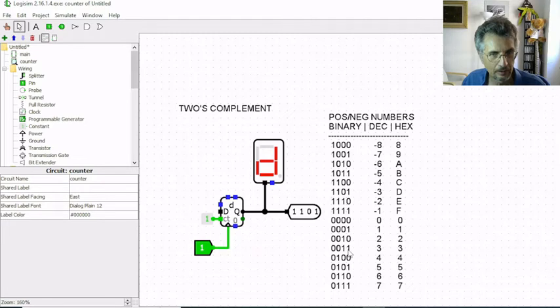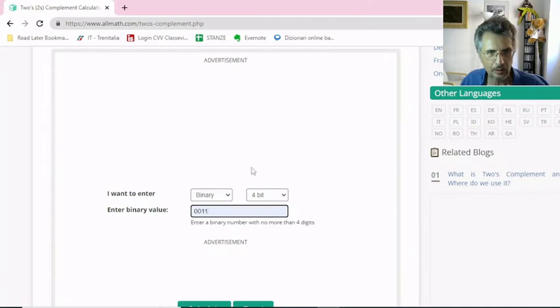How can we calculate the opposite of a number, given a positive number, for example this one? Which is the procedure to calculate the corresponding negative number? So the method is this one.